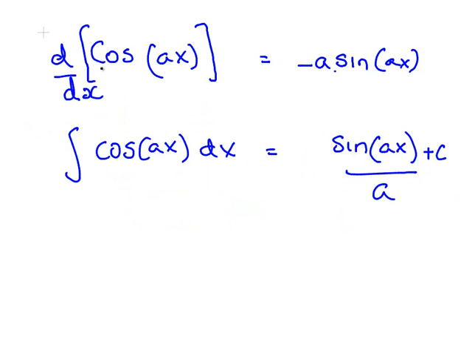So, the derivative of cos of ax. If you were to do this by the chain rule, you would get the derivative of ax, which is a, and then the derivative of cos of ax with respect to ax, which is minus sine of ax. So the a here is the chain rule component corresponding to ax, and minus sine of ax is the derivative of cosine.